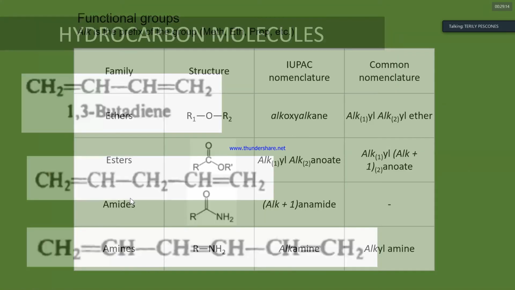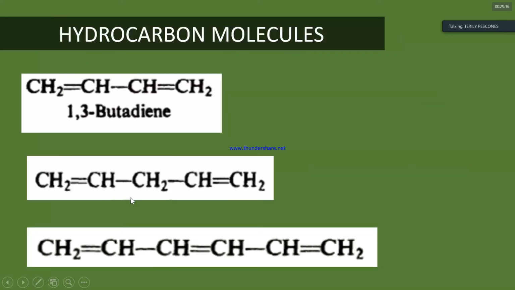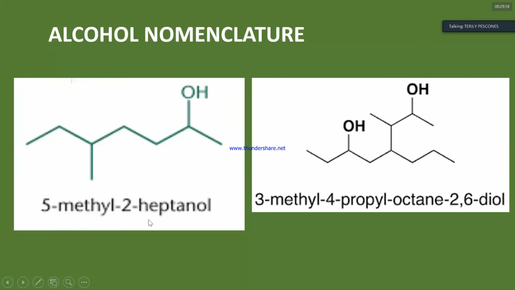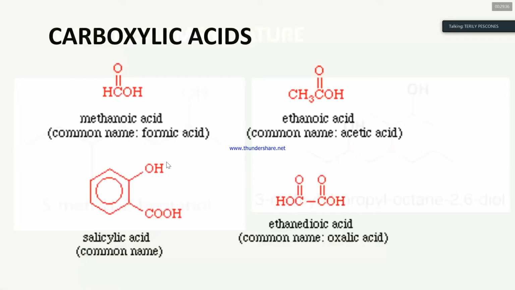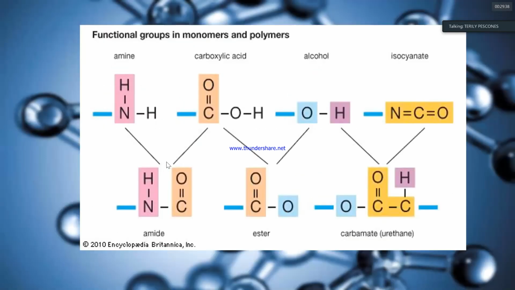We're done with this. Butadiene. Okay, 5-methyl, 2-heptanol. So, again, 1, 2, 3, 4, 5, 6, 7. Kaya, pitong carbon, kaya we have hepta. In the second carbon, you have the OH functional group. Okay, so, carboxylic acids.